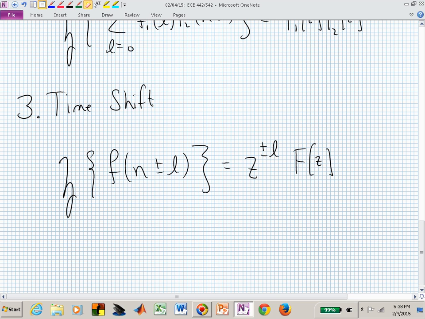Maybe what I should do is make one of these a little different color to make it stand out. In this case, n is the variable in the argument of f that is changing. That's the time index, and L is some fixed integer.